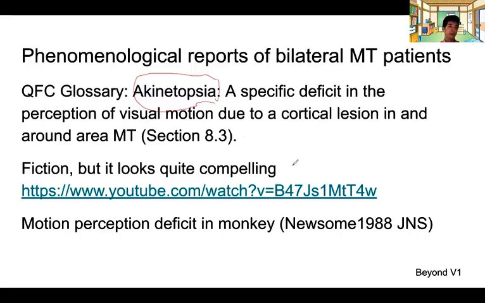This is a specific deficit in the perception of visual motion, but nothing else, due to the cortical lesion in and around the MT area. And this type of phenomenon has been reported in the monkey, like the blindsight case. Physiologists have made lesions in monkeys and then characterized the performance, which looked similar to these MT patients. And this video is fiction, but I find it very compelling. So let's watch it and then see.